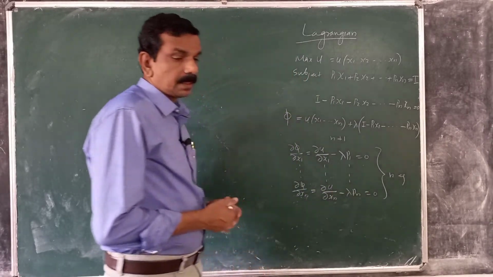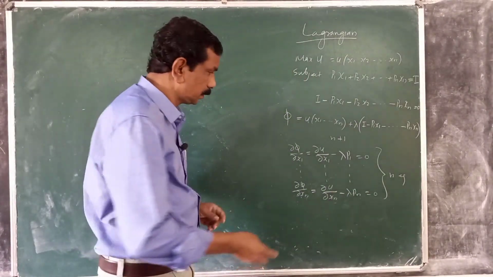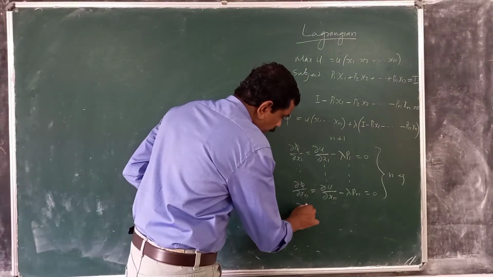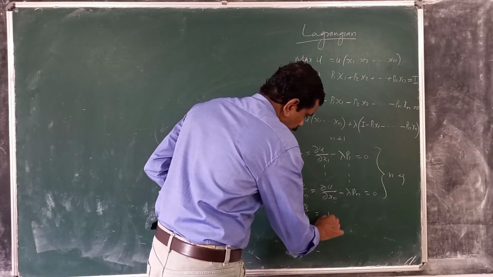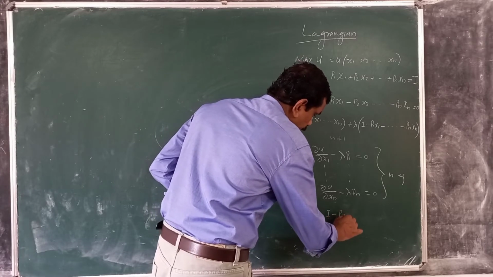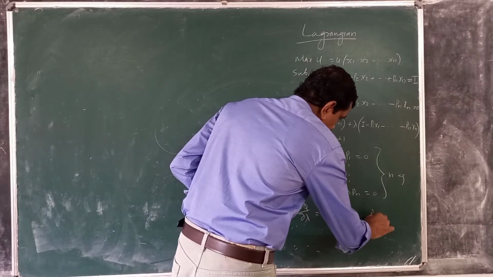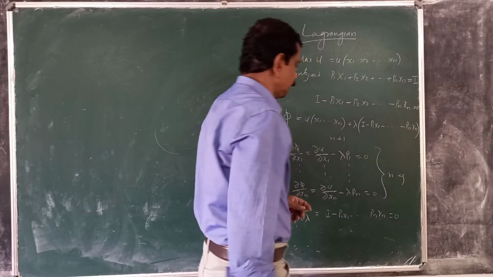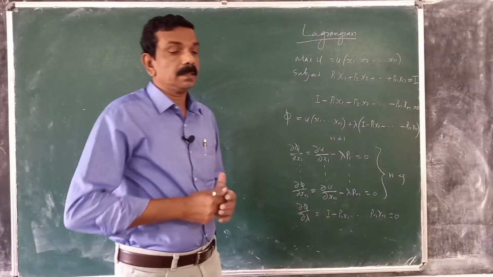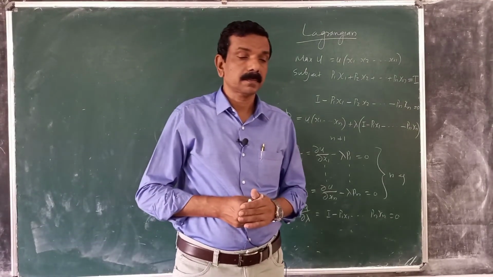And dou phi by dou lambda is equal to I minus p1 x1 minus pn xn is equal to 0. N plus 1 derivative equations.